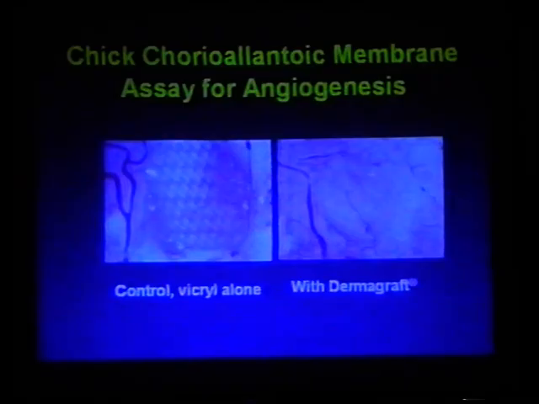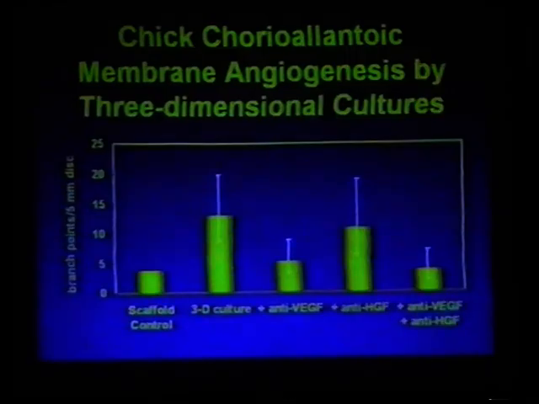We've looked at ex vivo. This is a standard angiogenesis assay using the chorioallantoic membrane. This is a control, and this is with dermograft, and we're looking for the production of these blood vessels here. And you can quantitate this in various ways. We've quantitated it in this case by counting branches, and you can see a stimulation of branch point production with the 3D cultures.